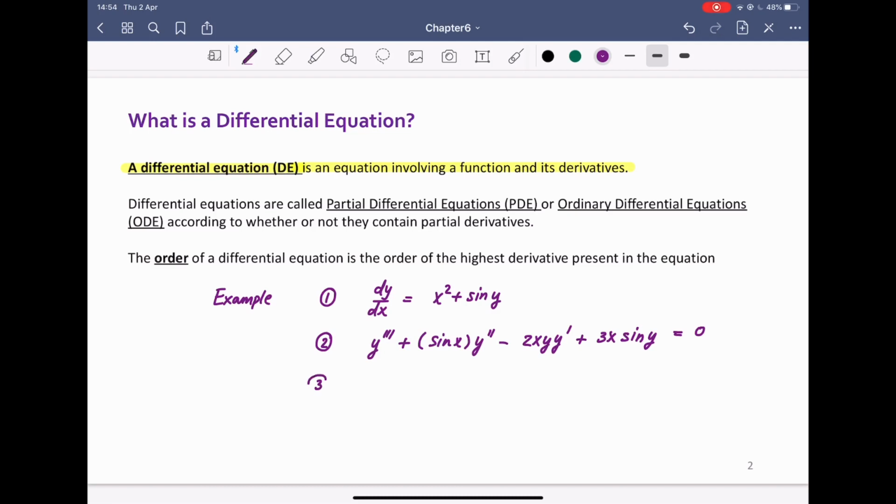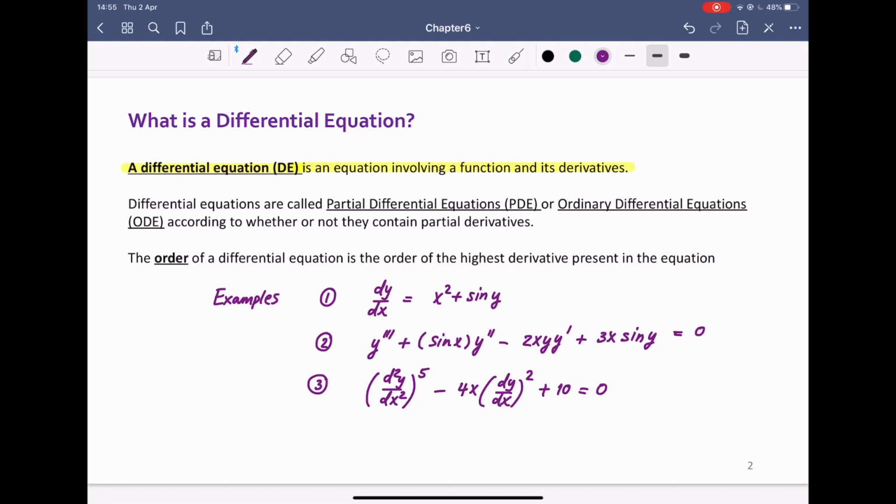Well, maybe you're going to see a more complicated differential equation. Something like, let's say you have the second order derivative raised to the 5th power minus 4x times (dy/dx) squared plus 10 equal to 0. This is a differential equation too.